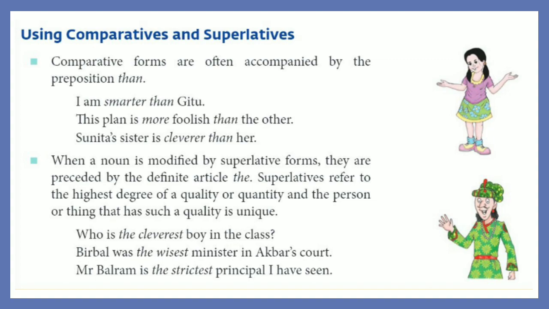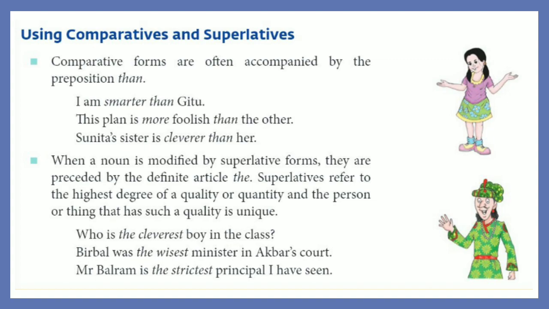Moving towards the second category, that is superlatives. When a noun is modified by superlative forms, they are preceded. Children, take a note there. Preceded is used. Superlative forms are preceded by the definite article the.